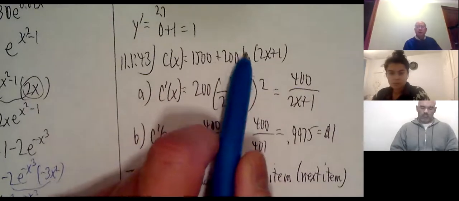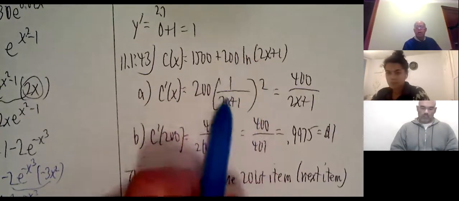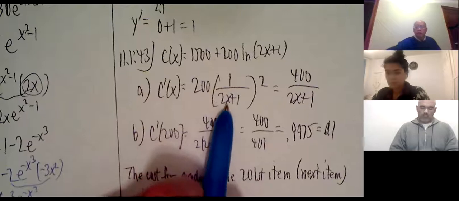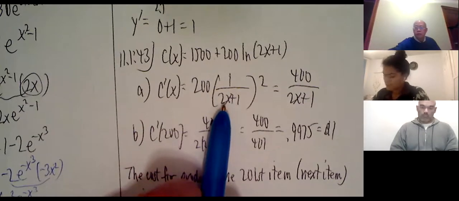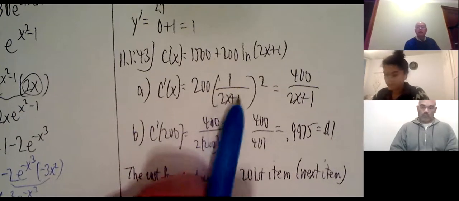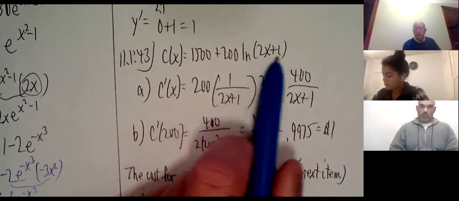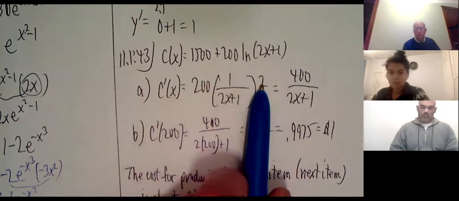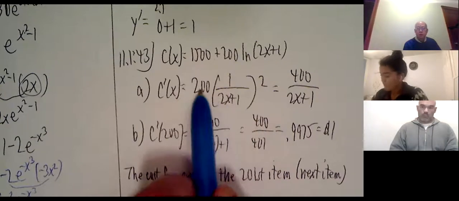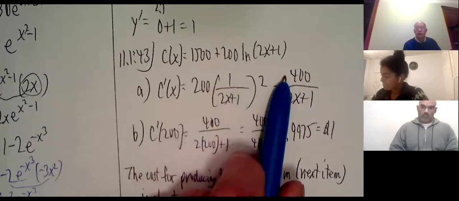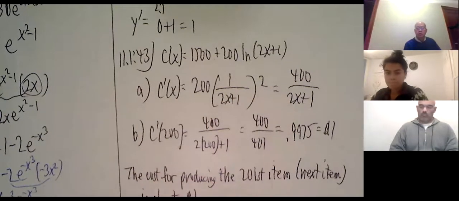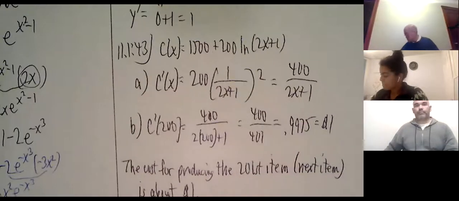And then how do you take the derivative of ln 2x plus 1? 1 over that, 1 over 2x plus 1. And then by the chain rule, times the derivative of the inside, derivative of 2x plus 1 is 2. So 200 times 1 times 2, 400. So 400 over 2x plus 1 is my answer.